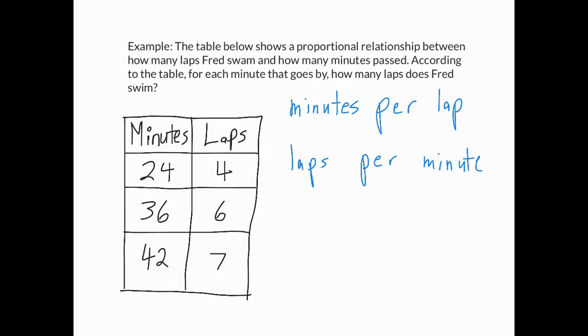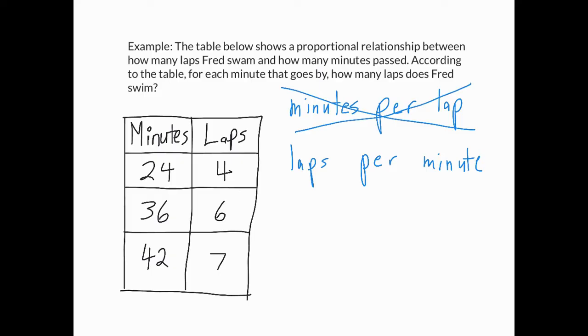Each minute is telling us we only want to think of 1 minute. We want to think of how many laps Fred can swim in 1 minute. Well, that's laps per minute. It's not this one.